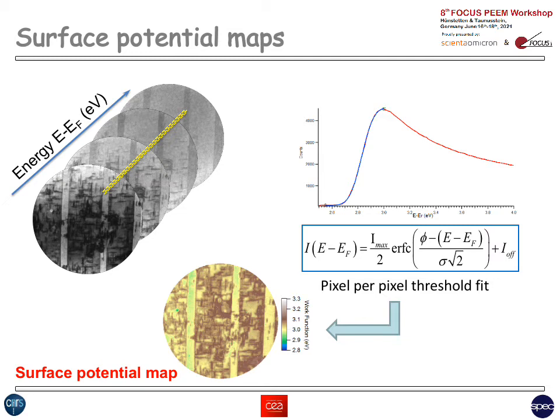Extracting the intensity from a given pixel coordinate will give us a single threshold spectrum, and we then fit the ensemble of these threshold spectra using an error function. This means that in a given field of view there is something like 300,000 spectra to be analyzed, and once we've done that, we can then reconstruct here not an image but a map of the photoemission threshold.